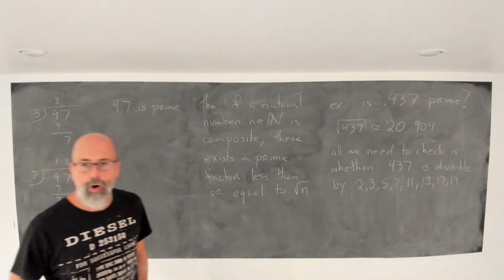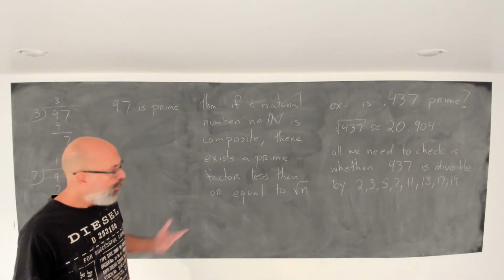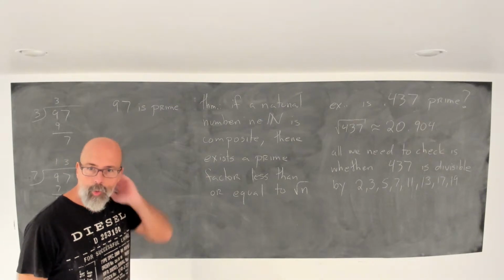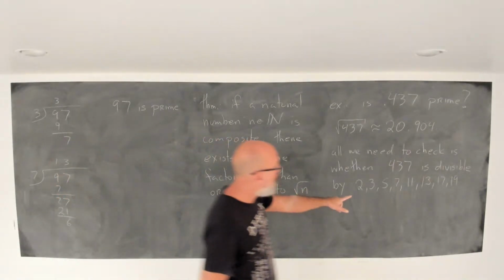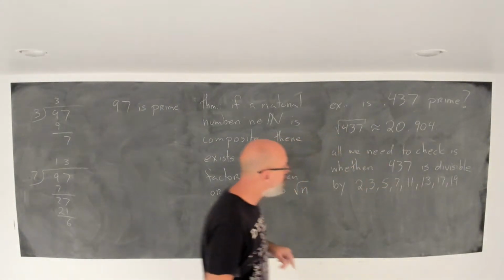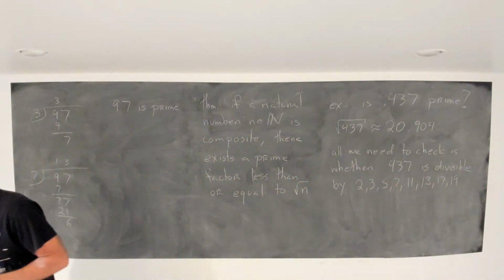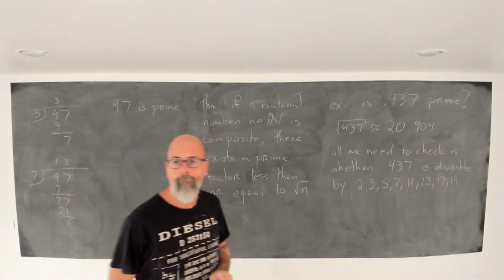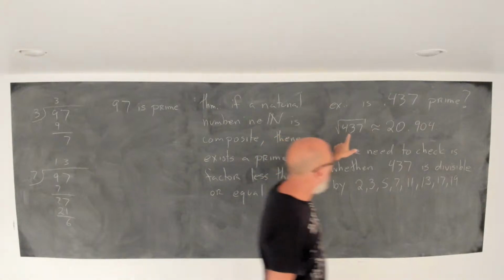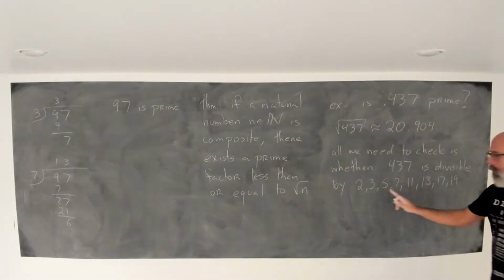It's a little bit of work. If you've got a calculator, it's very quick. Somebody with a calculator, check. Is 437 divisible by any of these numbers?